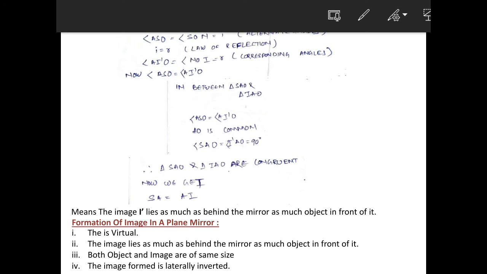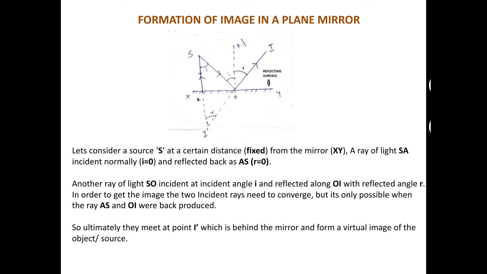The angle AI'O equals the angle NOI' equals r because they are corresponding angles. But according to the law of reflection, we know i equals r. That's why the angle ASO equals the angle AI'O. Now compare the triangles ASO and AI'O.